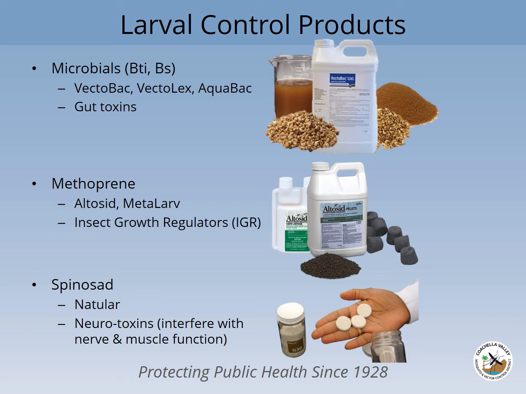They may have this mutated allele or version of a gene that gives them some resistance to microbials, for example, but then they're not going to have resistance also to a spinosad product. So that's why it's important that we're constantly rotating between these three products, and then that can avoid that situation that we saw in the earlier slide of the resistant gene being passed down from generation to generation.